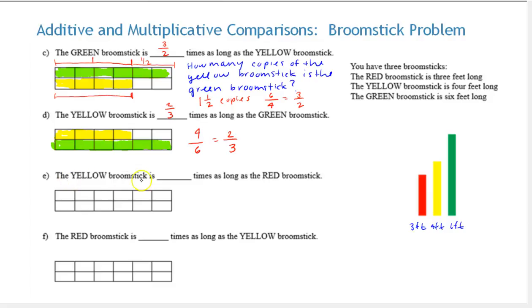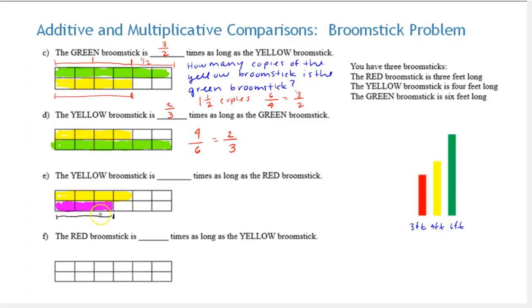Here we want to compare the yellow broomstick to the red broomstick. So the yellow broomstick is 4. And the red broomstick is 3. I'm going to use pink because I don't have a red highlighter. Okay. And now we're using the red broomstick as our unit of measure.